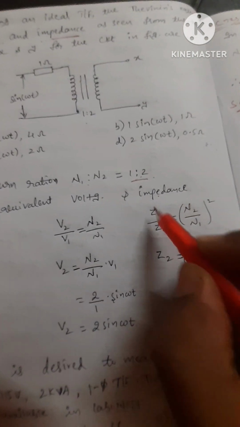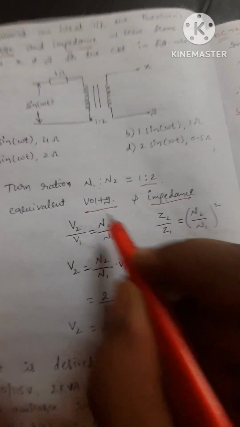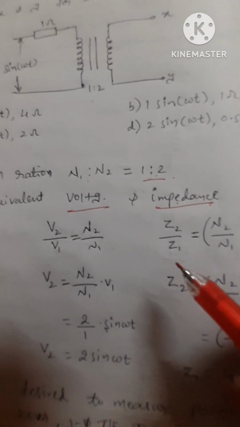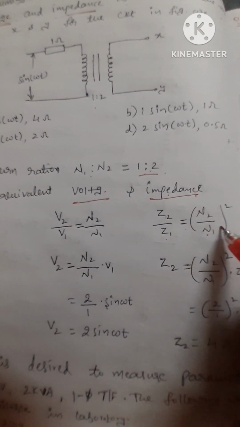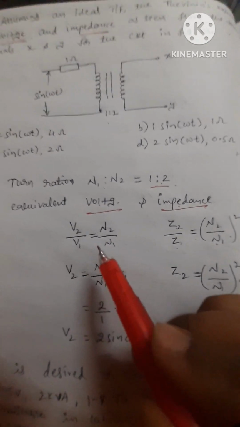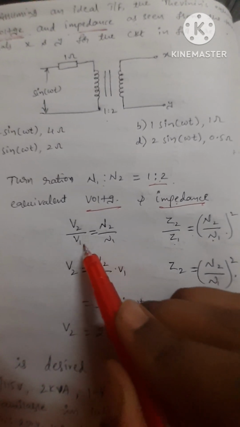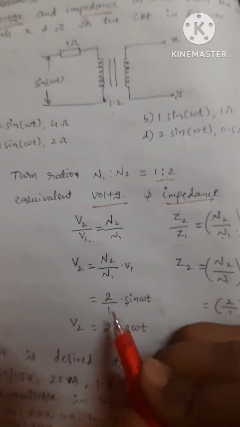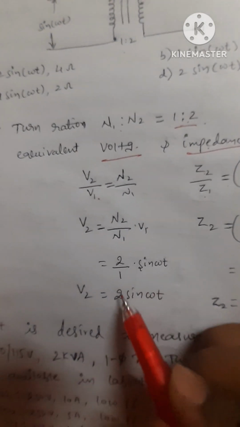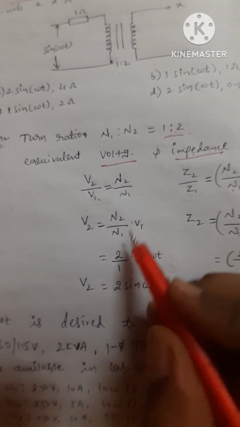For impedance, denoted by Z, Z2 by Z1 is equal to N2 by N1 whole square. Cross multiplying, V2 is N2 by N1 times V1, and N2 by N1 means 2 by 1.